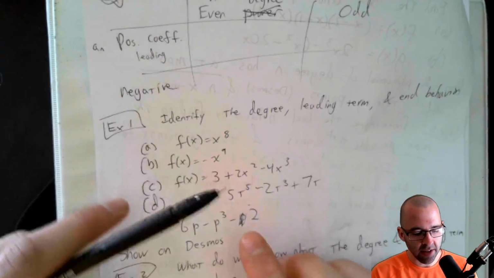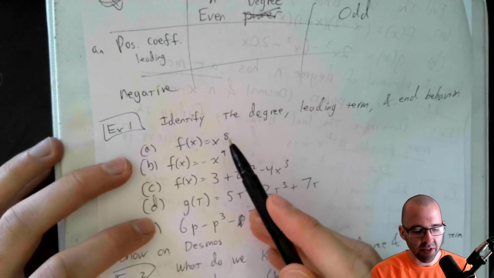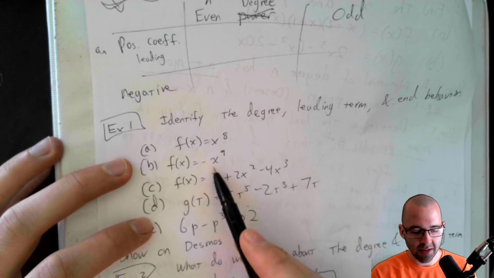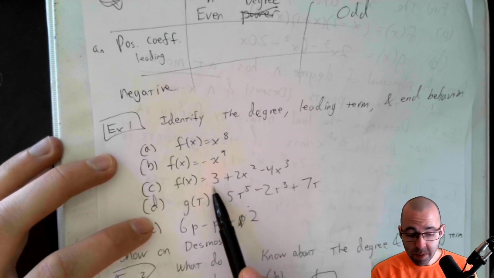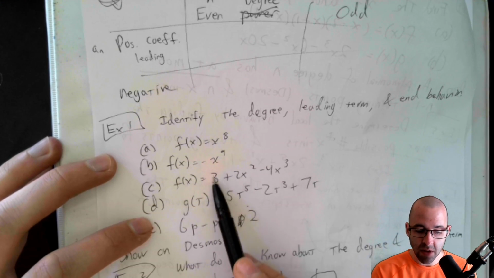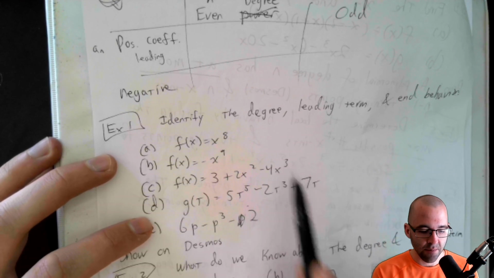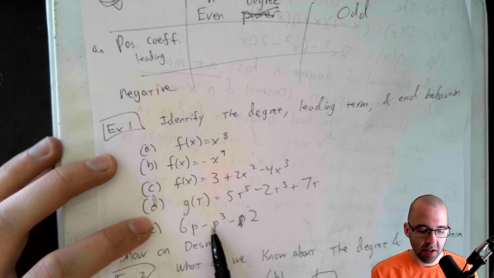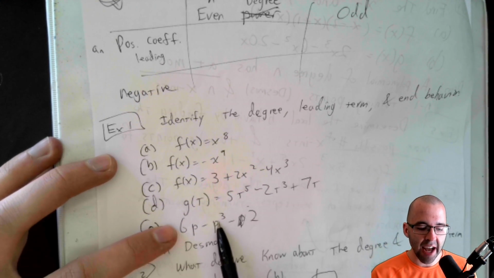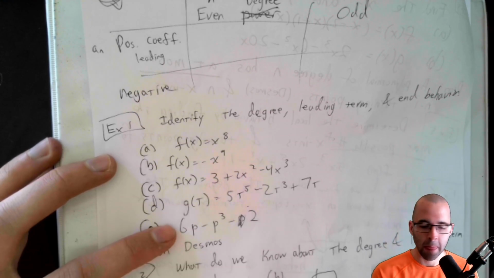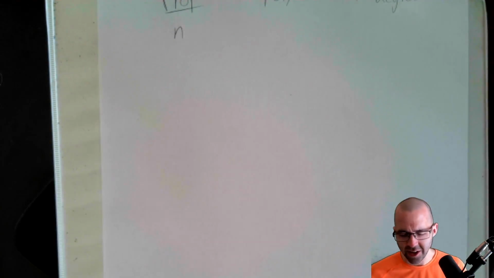We talked Friday about this. This polynomial has degree 8. This polynomial has degree 9. This polynomial, again, it's not always the first term, has degree 3, degree 5, degree 3. Just find that biggest exponent of the variable. That's what degree means.